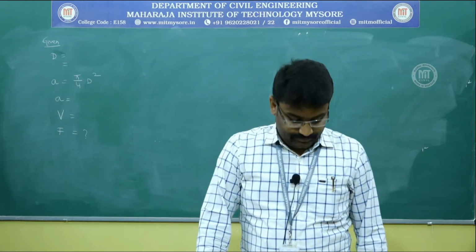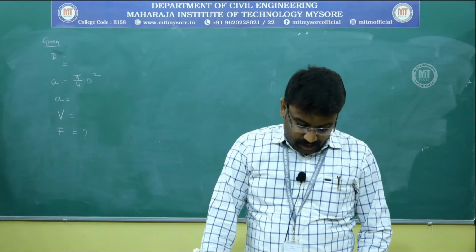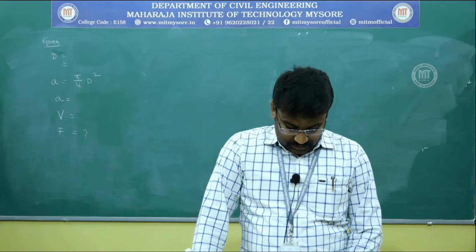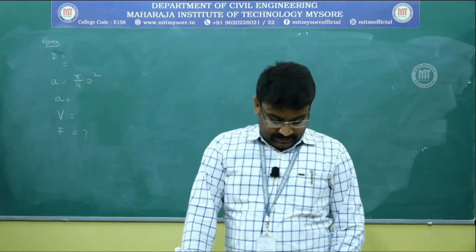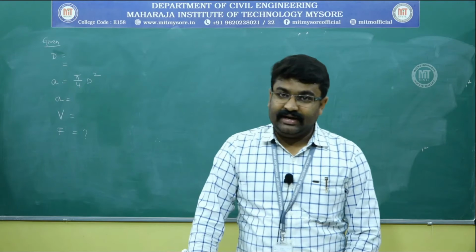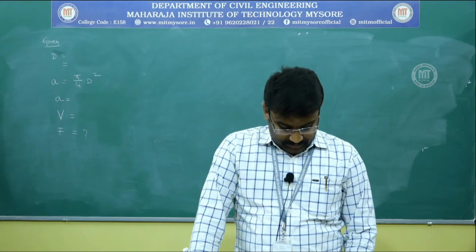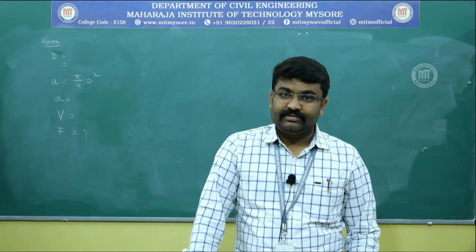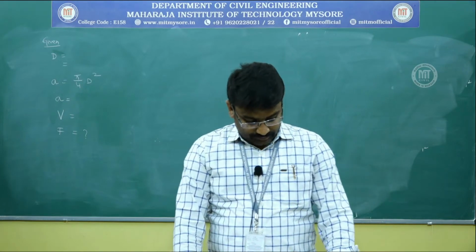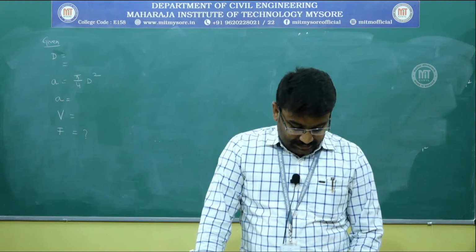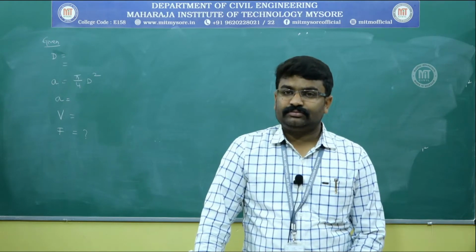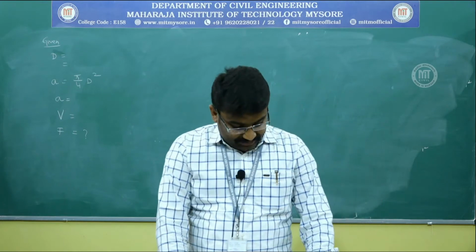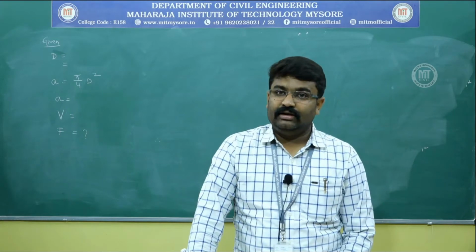Take down the next problem. A jet of water of diameter 75 millimeter moving with a velocity of 30 meter per second strikes a curved fixed plate tangentially at one end at an angle of 30 degree to the horizontal.